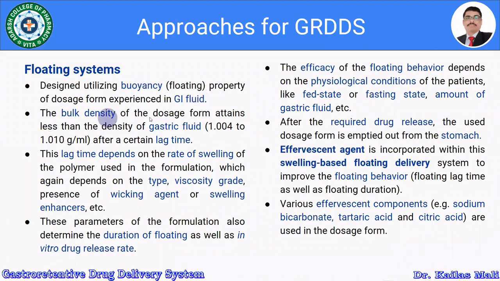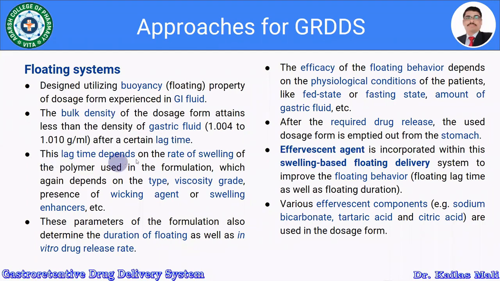The bulk density of the dosage form attains less than the density of gastric fluid. That is, the density of the gastric fluid is 1.004 to 1.010 gram per ml after a certain lag time.